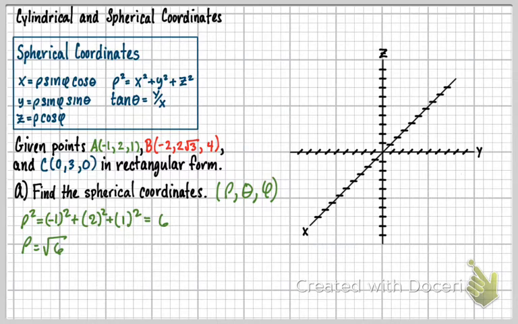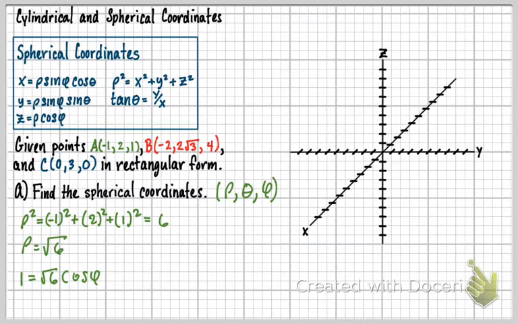Now, since my z is 1, which I can see from here, I can find phi now. So what that means is I'm going to use this equation here. So my z, which is 1, is going to equal my rho, which is square root of 6, cosine phi.